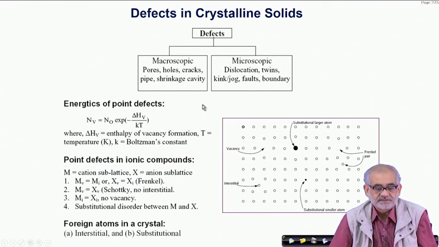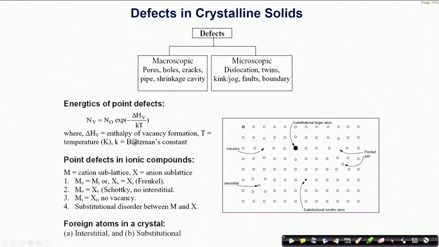So first, when we are talking about defects in crystalline solids, dimensionally, the first kind of defects that one needs to discuss are the point defects. Point defects, as the name suggests, are zero-dimensional defects. Essentially, you are talking about either a missing species or an extra species coming into the lattice.